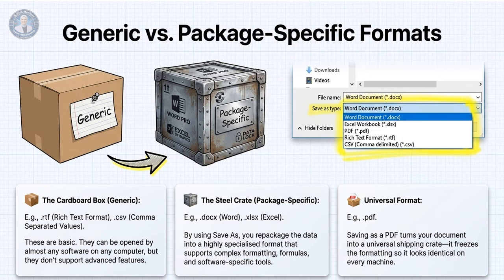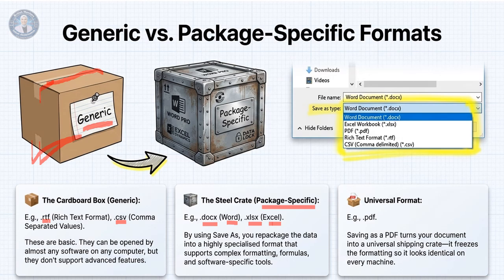Think of generic formats like .rtf or .csv as basic cardboard boxes. They can be opened by almost any software but don't support advanced features. Package specific formats like .docx for Word or .xlsx for Excel are like steel crates.